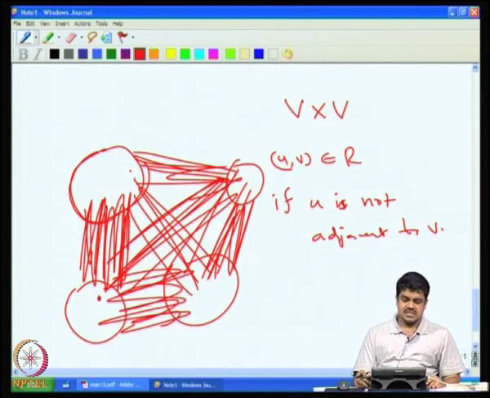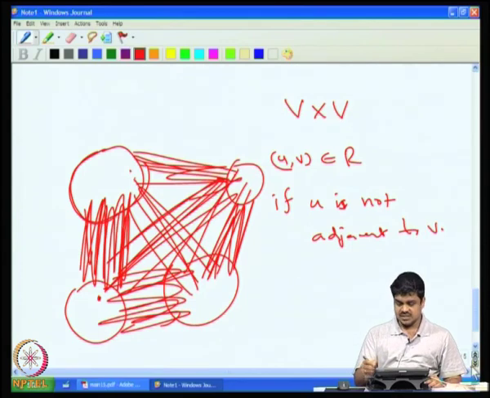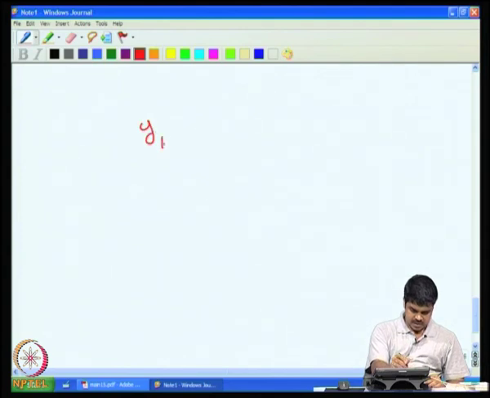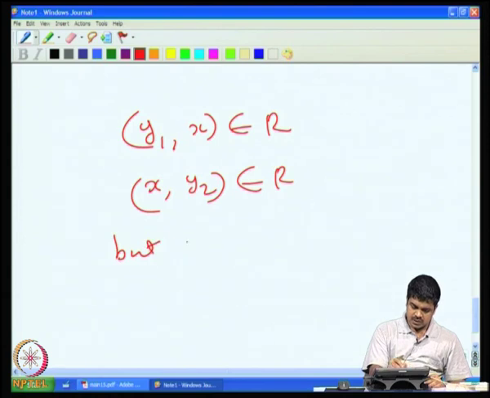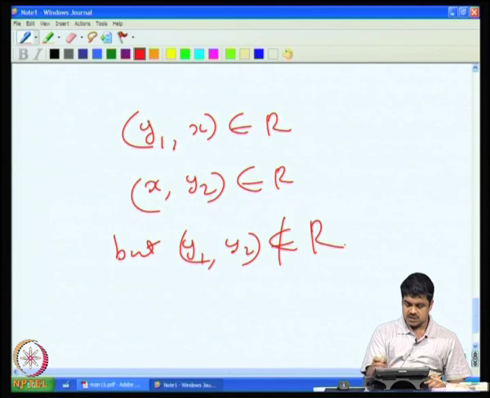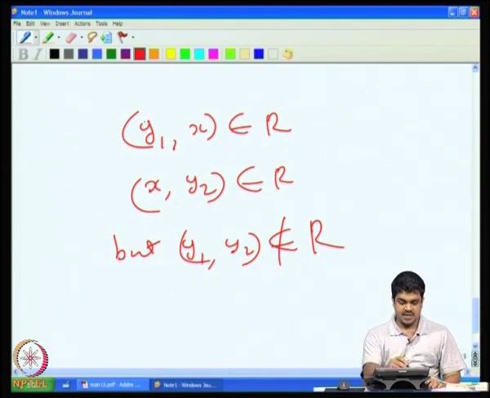Why is transitivity violated? There should be some vertices in the graph, some y1, x element of the relation, some x, y2 element of the relation, but y1, y2 is not an element of the relation, right. This is why transitivity is violated.